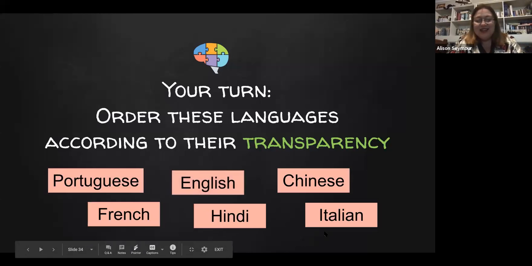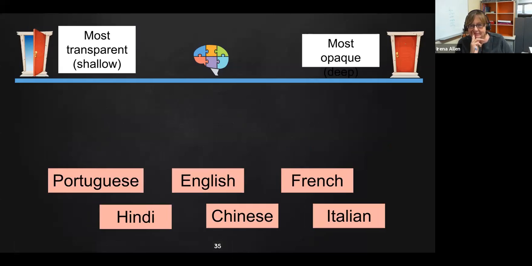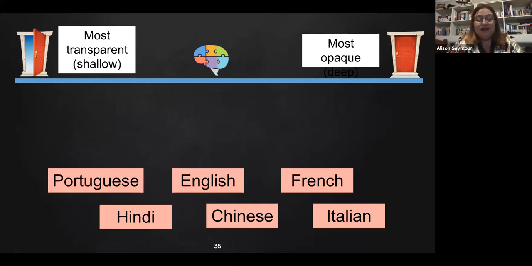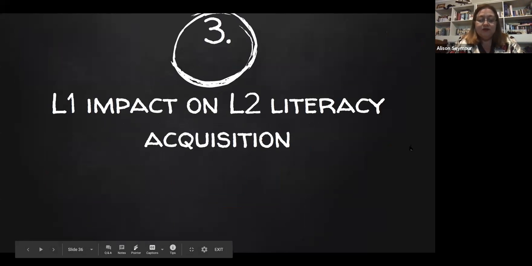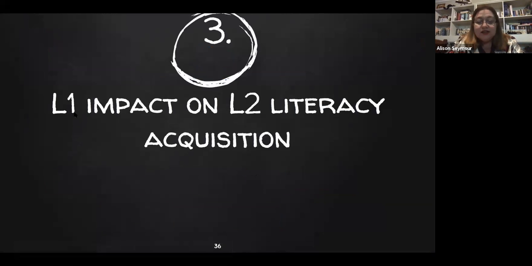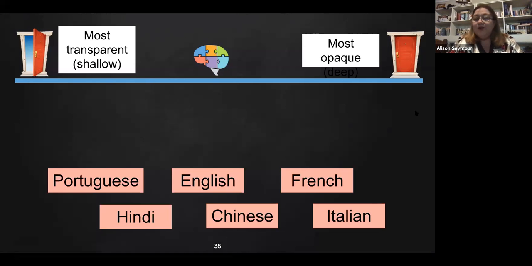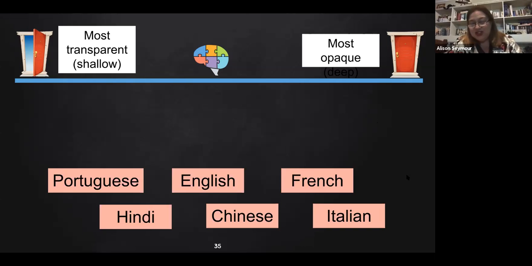All right. So let's have a look. According to studies that have been done in terms of readability and transparency, what I'll have to tell you is that the most transparent is Portuguese. Then Italian, and then French.